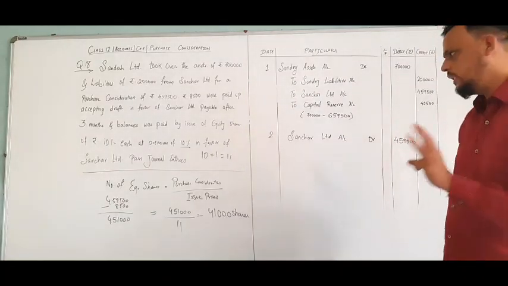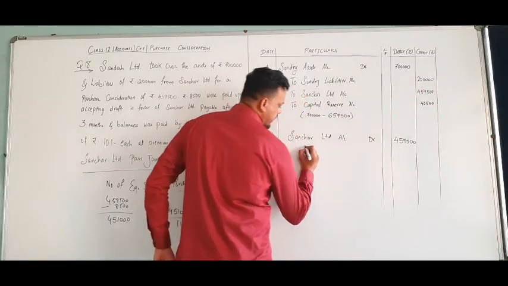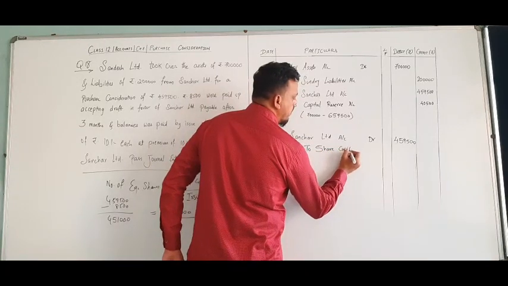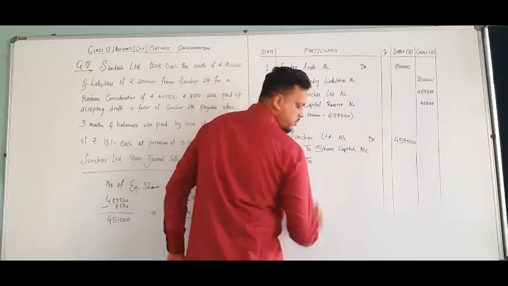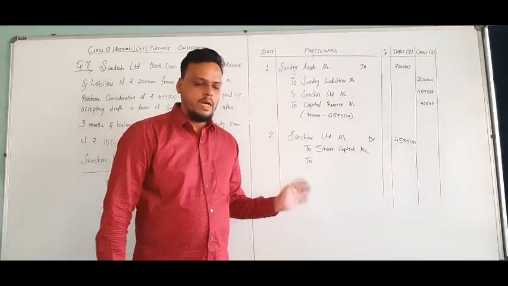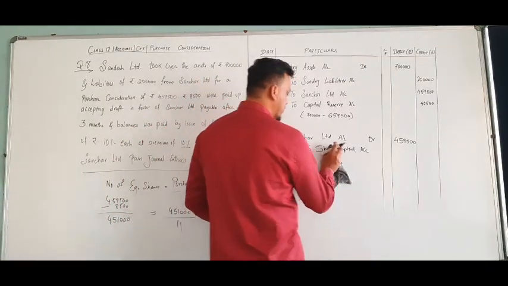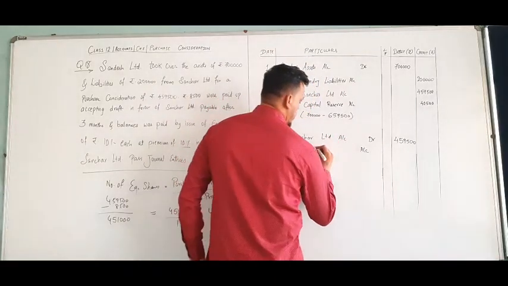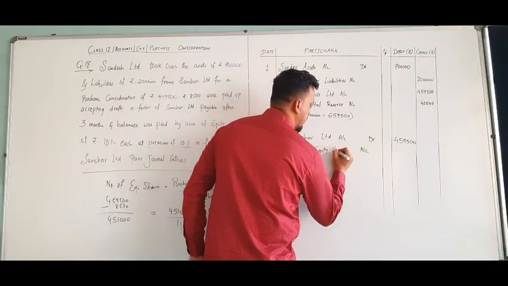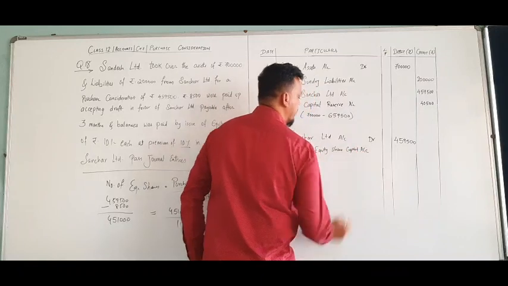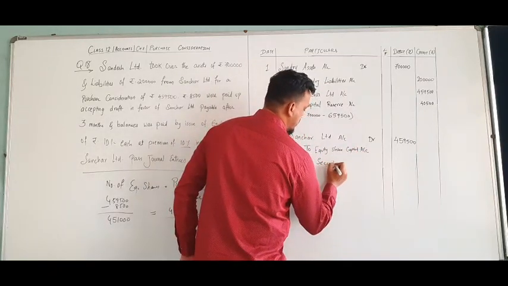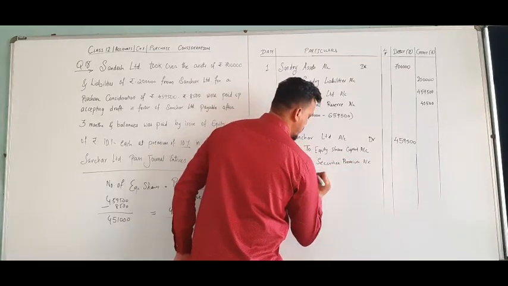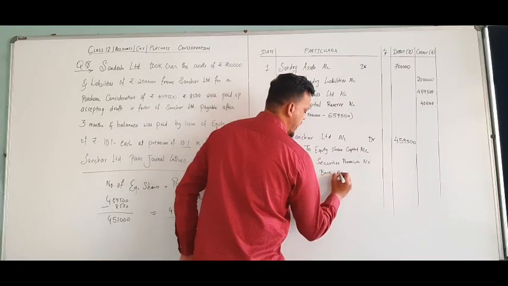Now we have to write 3 entries more here. One is related to Equity Share Capital Account, two, Securities Premium Account, and three, Bank Account.